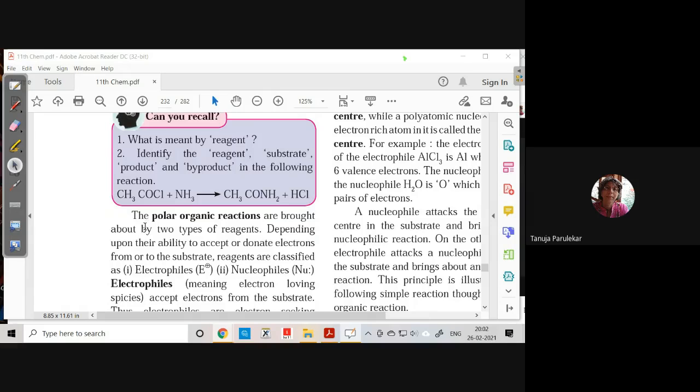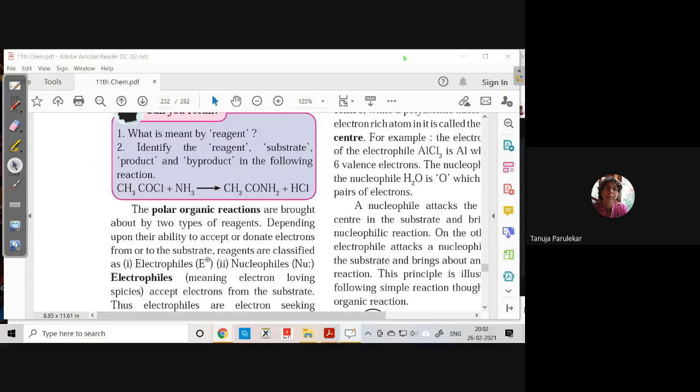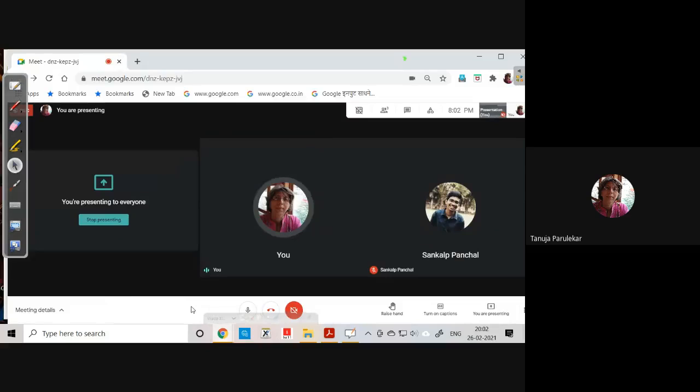Okay. Now the polar organic reactions. By the way, since we both are there, tell me what is the status going on in your college about these chapters? How much have they gone further? What have they taught? Can you tell me? Ma'am, actually in our college there are two teachers for chemistry. One teacher is taking chemical equilibrium and the second teacher is taking organic chemistry.